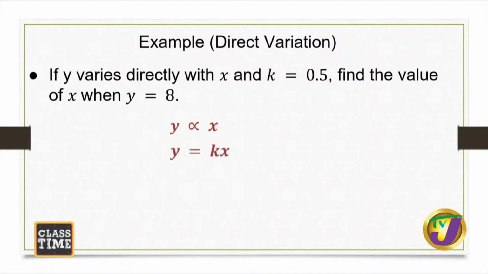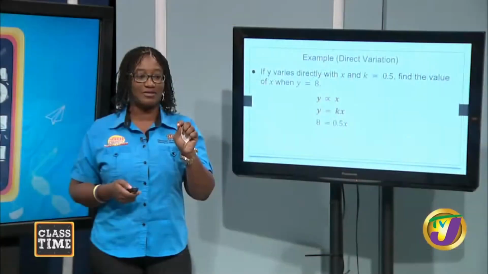And we know that this means y is equal to some constant k times x. So let's do our substitution quickly. We have our y value, which is 8, and our constant is 0.5, and it's multiplying x.